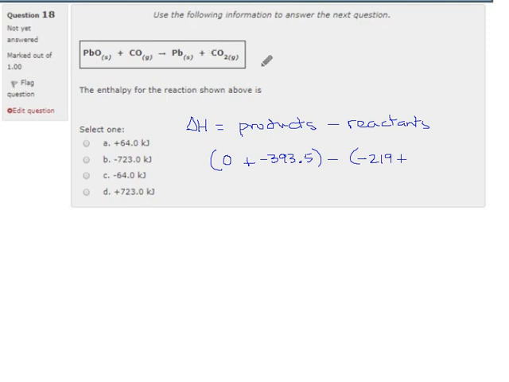Carbon monoxide is minus 110.5, according to my book. So add those up, you get minus 329.5. The negatives cancel. And minus 393.5 plus 329.5, I get minus 64 kilojoules.